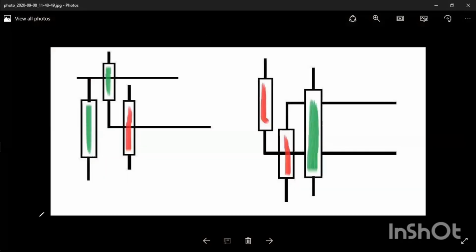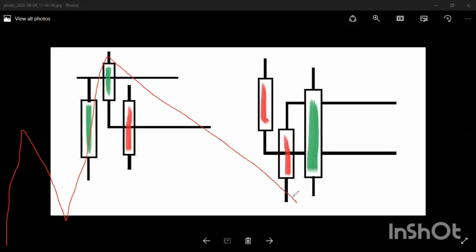Price will make a higher high, higher low, higher high, higher low. This is the higher high, 1, 2, 3, and the middle candle is always above the other two candles. A higher low, again, 1, 2, 3. The middle candle is below the other two candles.